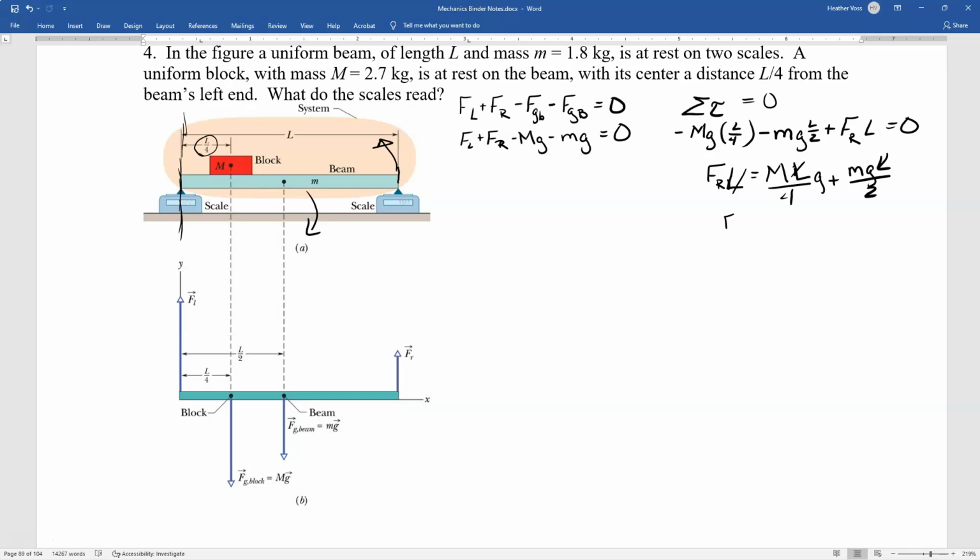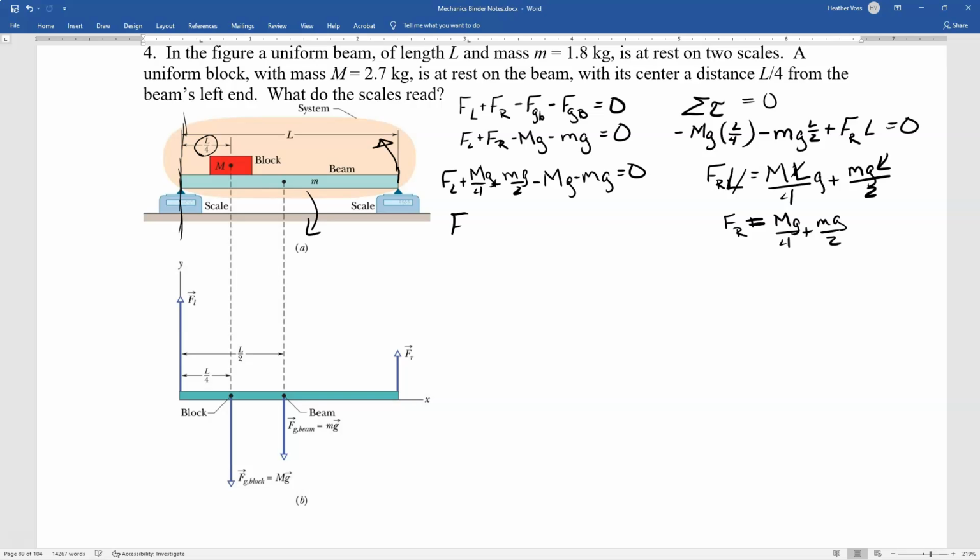So what I get is that force right is going to equal big mg over 4 plus little mg over 2. I'm going to substitute that in over here, so I'm going to get force left plus big mg over 4 plus little mg over 2, minus big mg minus little mg should sum to 0.